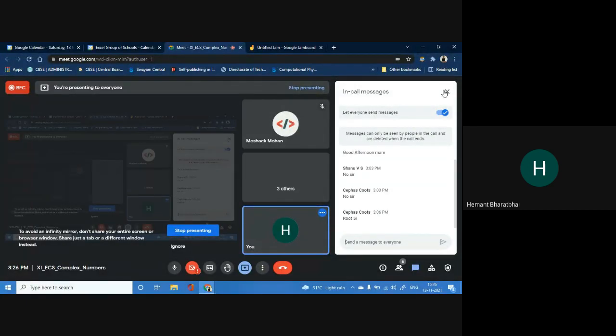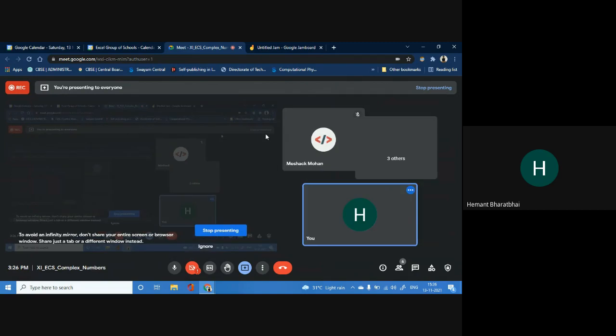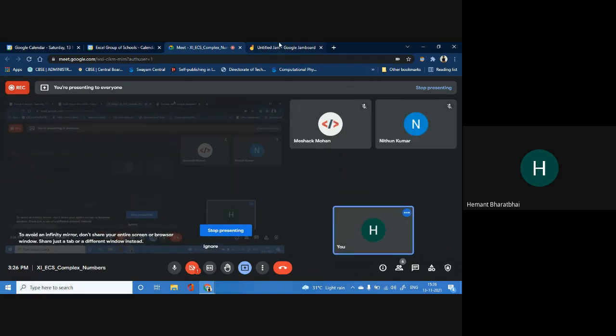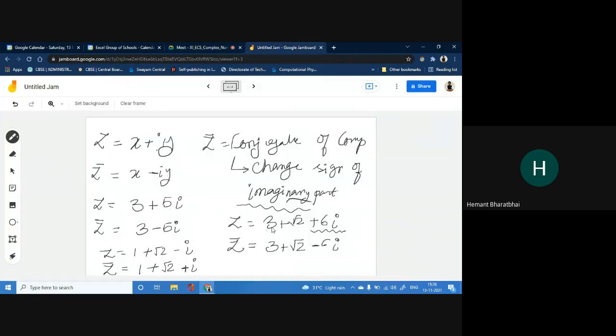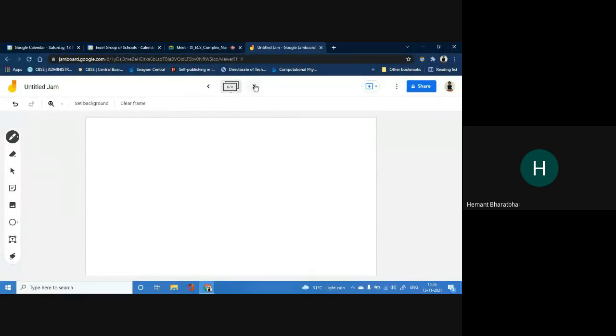Because what is conjugate? Conjugate is nothing but this: change the sign of the imaginary part. You only have to change the sign of the imaginary part. Okay, I hope you understood.